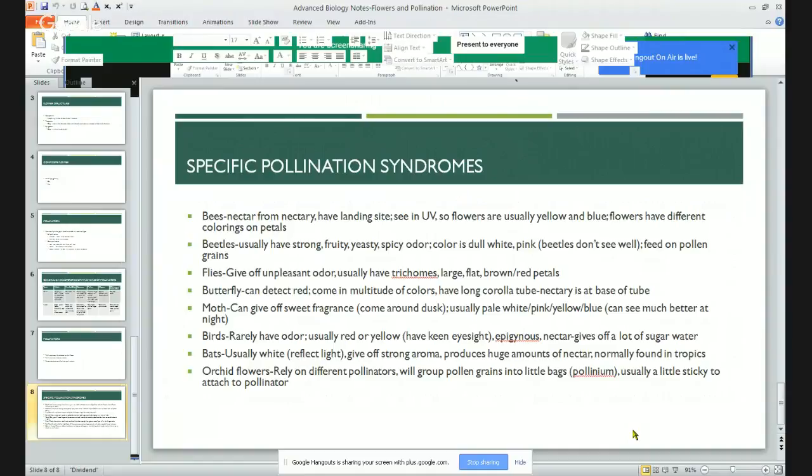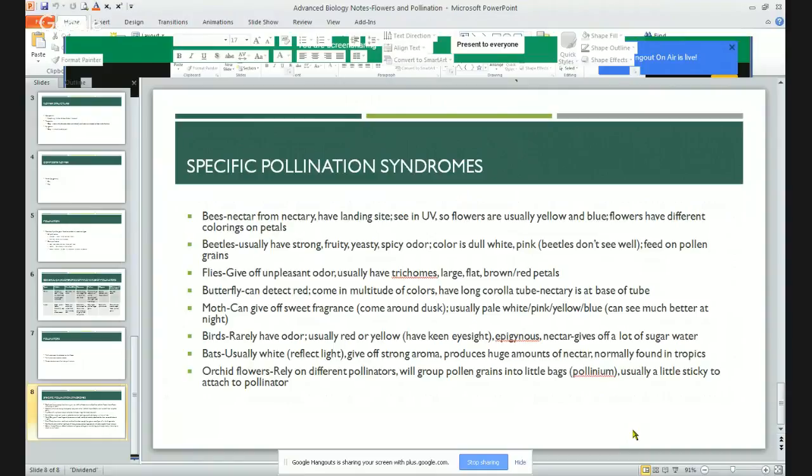So the last thing that I've got on your handouts is that table, which goes a little more in depth on the pollinators and the floral adaptations.